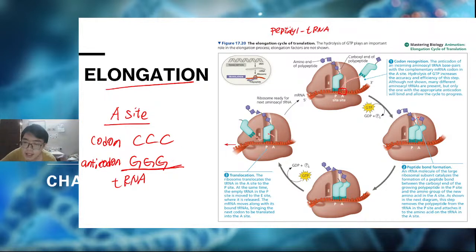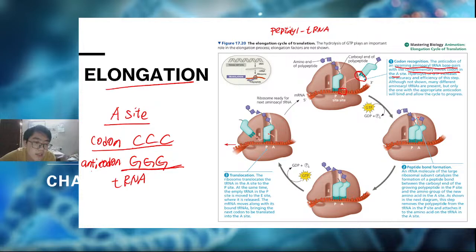will bind to the A site. So you will see that the anticodon of an incoming aminoacyl tRNA base pairs with the complementary mRNA codon in the A site. It means the anticodon must be complementary to the mRNA. If the codon is CCC, it must be complementary to the anticodon.